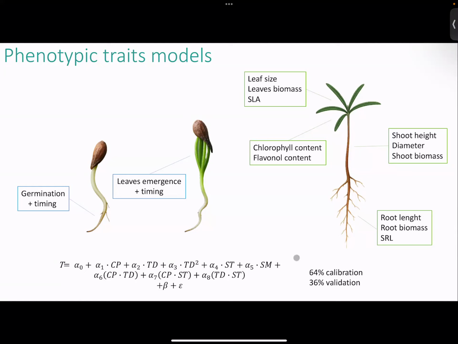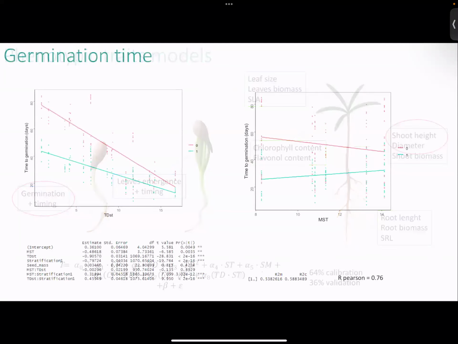And to validate the models, we used 64% of the data to calibrate them, and we kept 36% to validate the models. And in this presentation, I will just show quickly results of germination time and seedling height, seedling growth.